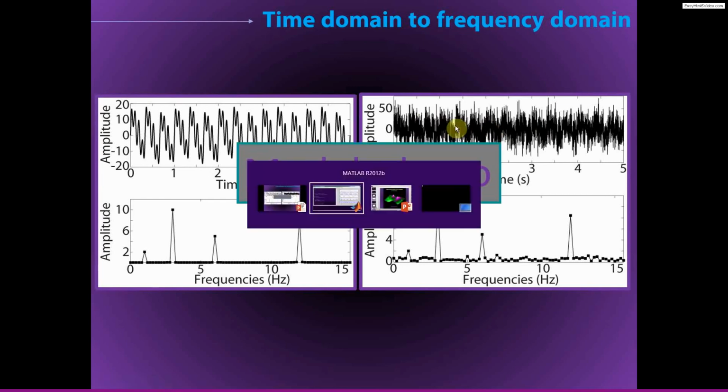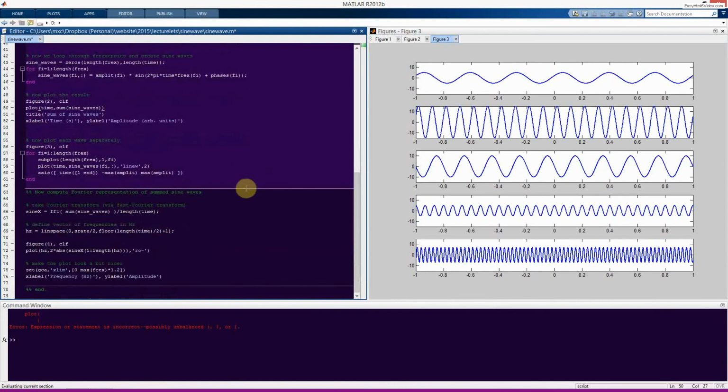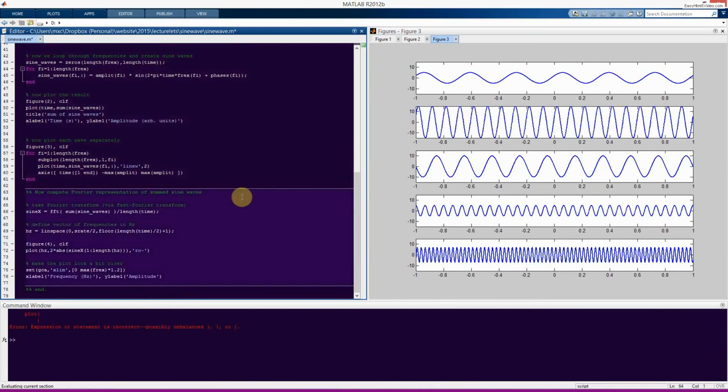Okay, so let's take a look at this in MATLAB. So now, if you go down to the cell that starts on line 63, some of this code may look confusing if you are a bit new to MATLAB or new to data analyses in MATLAB, because I'm not yet defining what this function is, the FFT function, or why we have to divide by the number of time points, or how exactly we create this vector of frequencies in hertz and why it goes to half the sampling rate.